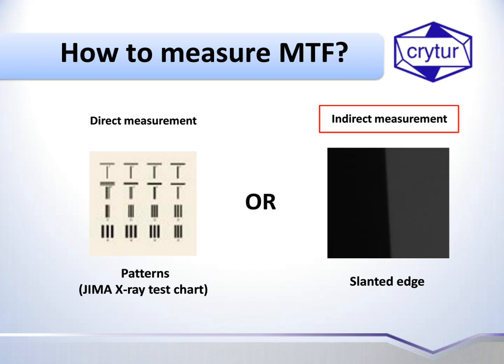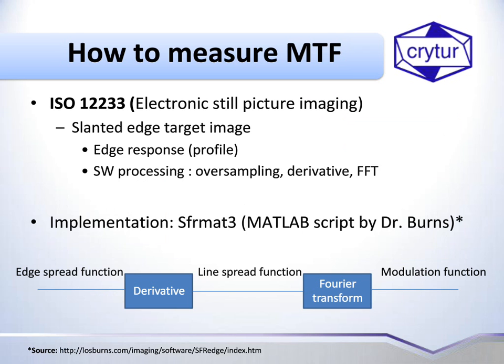So let's see what the slanted edge technique is about. It's defined by ISO 12233, about electronic still picture imaging, and it tells us how to measure the MTF of the system. So we need a slanted edge target image. We need to image it and then do some processing on the signal, where the implementation could be done in MATLAB, such as a script by Dr. Burns, who developed a script that is able to count line pairs per millimeter from the image.